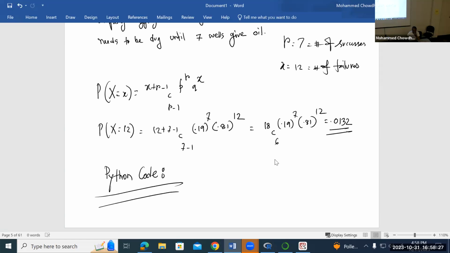Find it. Python code to compute probability using negative binomial distribution.